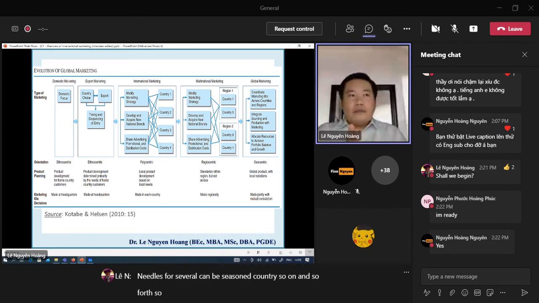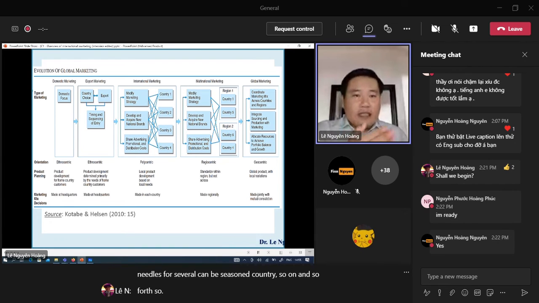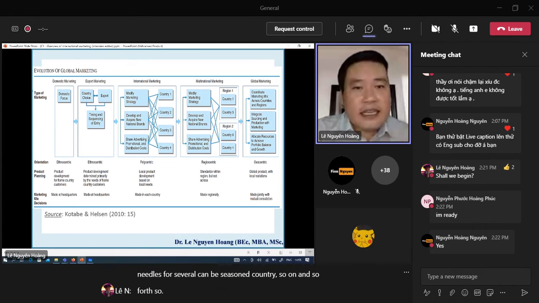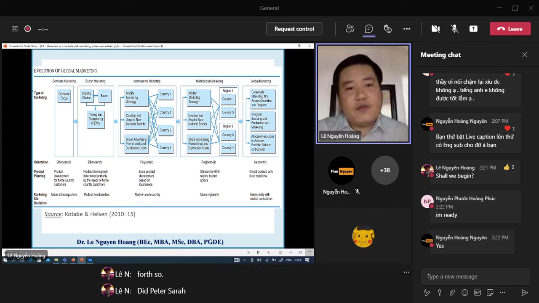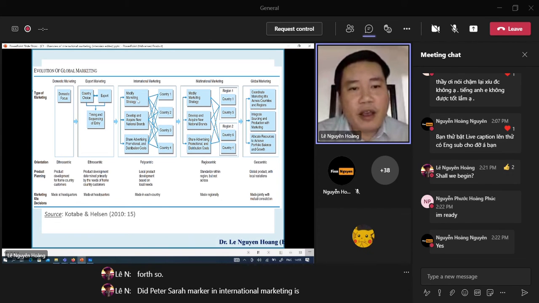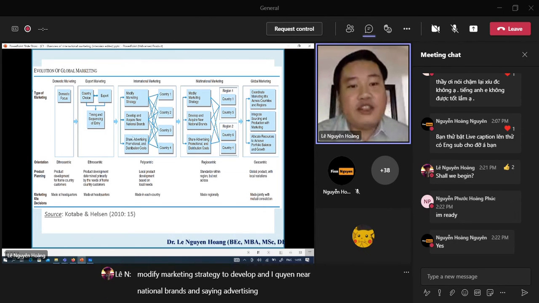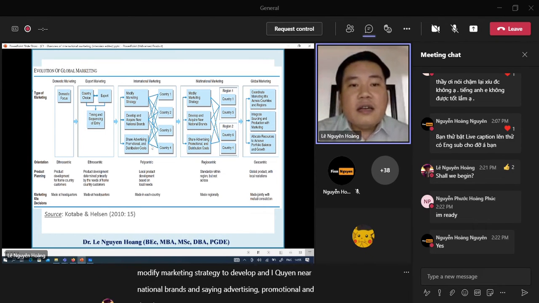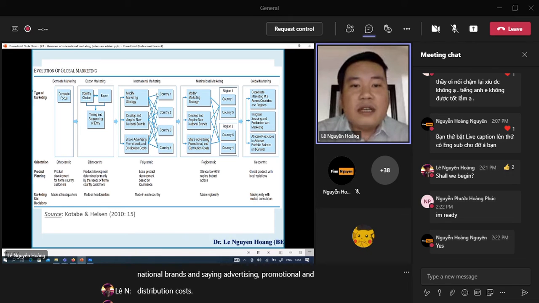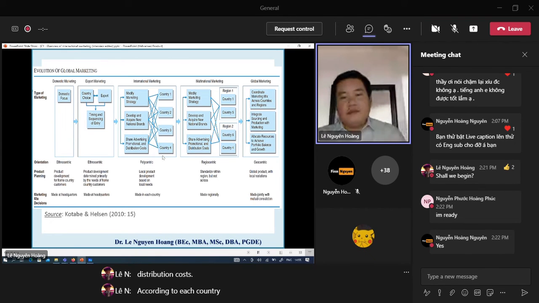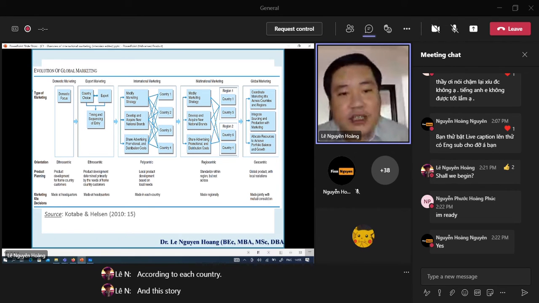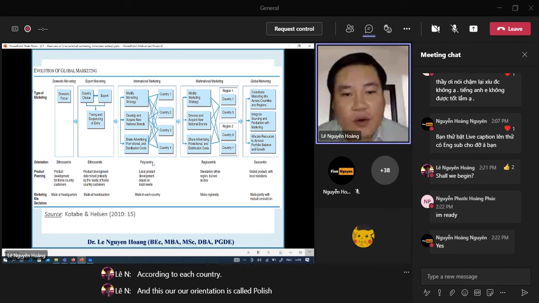So the key task of a marketer in international marketing is to modify marketing strategy, to develop and acquire new national brands, and set advertising, promotional, and distribution costs according to each country. And this orientation is called polycentric.